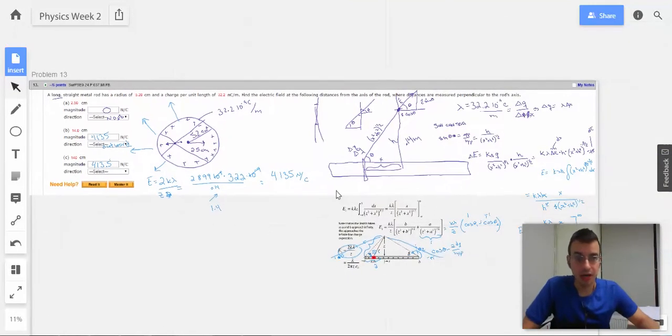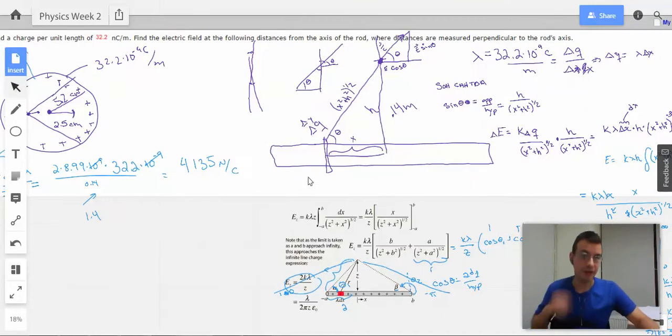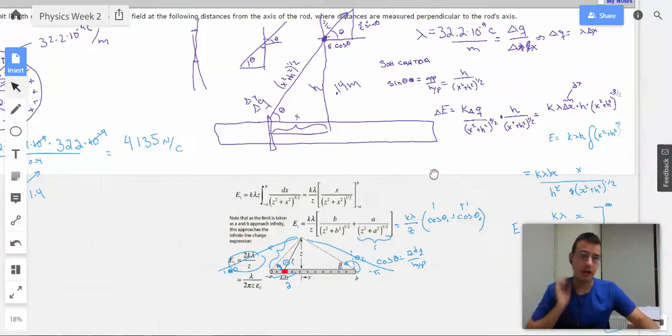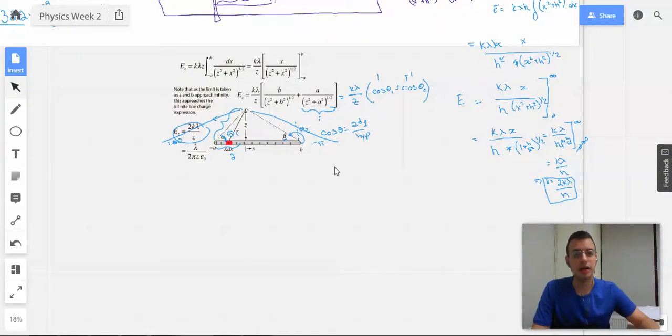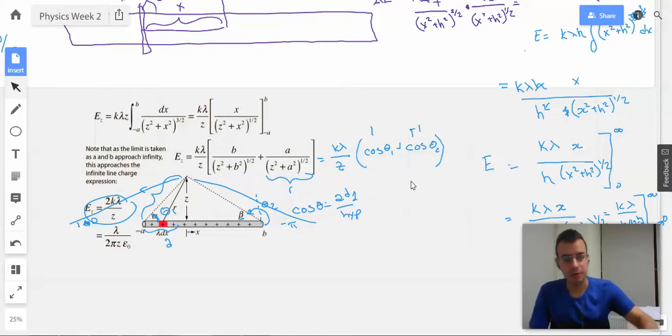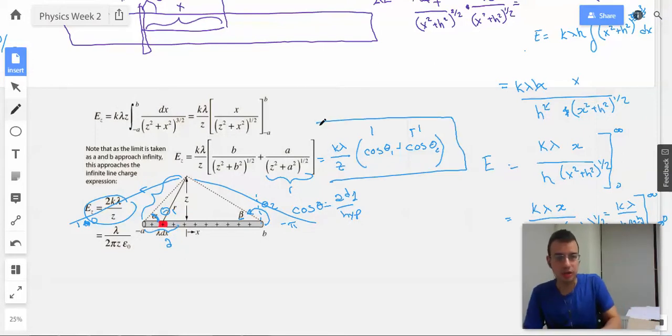So a lot of talking. The derivation of this took a little while, but it's worth understanding the basics of how we did it. And what's really important is I would just memorize this formula here, with cosine theta 1 minus cosine theta 2.